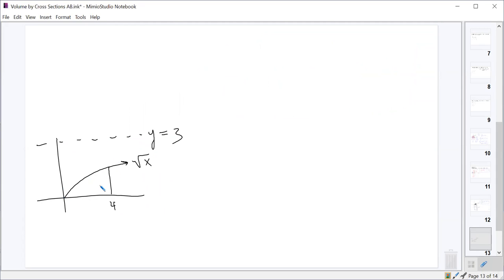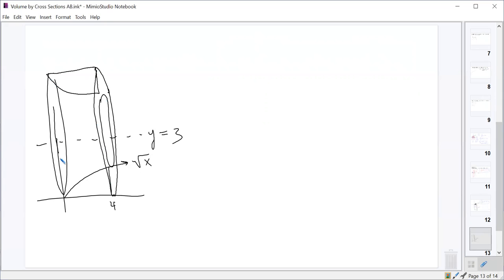And so we're going to take this region and revolve it around that line, which means we're going to get something up here that looks kind of like that. And down here, we've got this hole through the middle of it, and the same thing's going on down here.